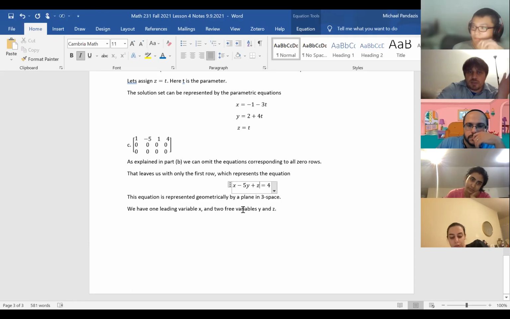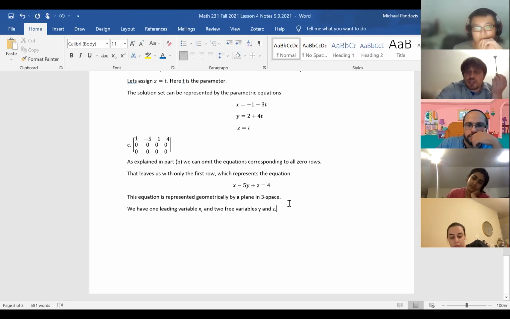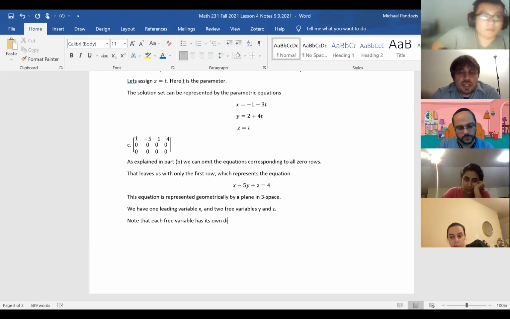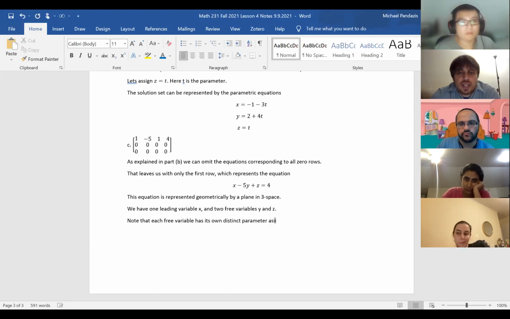So y and z are free variables. When you express this in terms of parametric equations, each separate free variable has its own parameter. Note that each free variable has its own distinct parameter assigned to it.